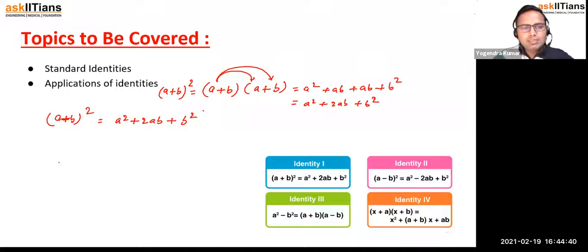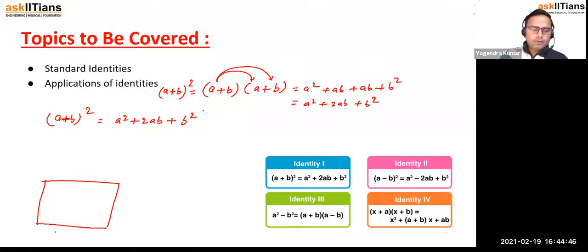You can understand this thing in a different way also. Suppose there is a square of a plus b unit. Assume it is a square. Let's say this is a length here, and now this is b further.